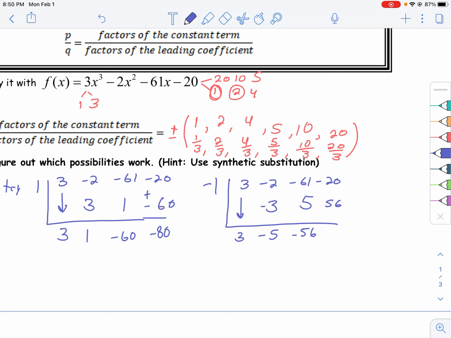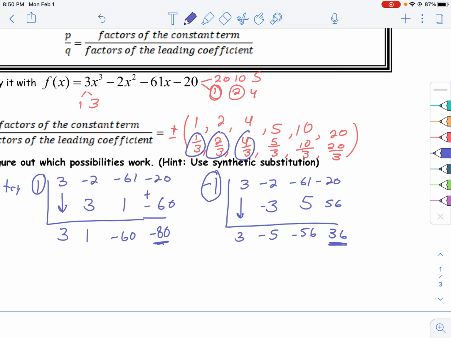So this does tell us one thing, though, right? If we go negative 20 plus 56, that's going to give us 36. Between 1 and negative 1, we went from negative 80 to positive 36. There's a 0 somewhere in there.